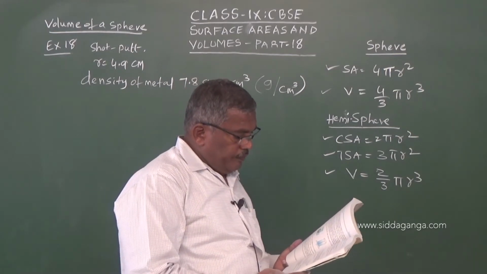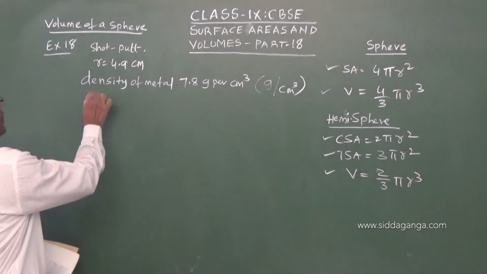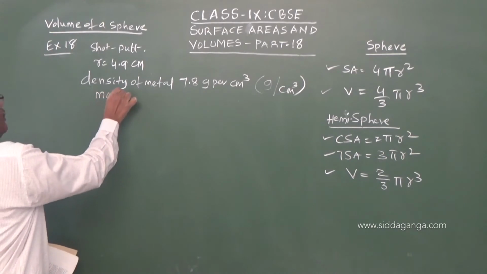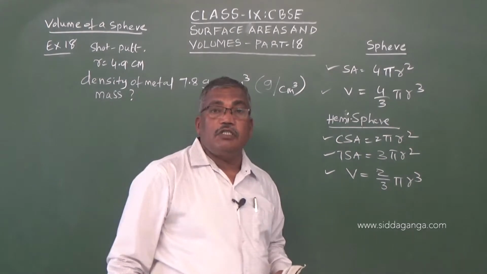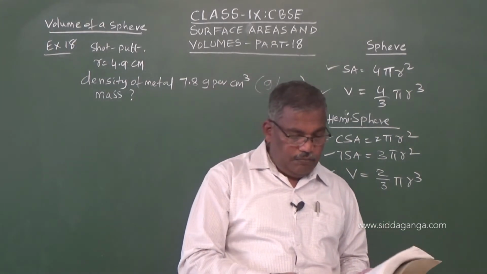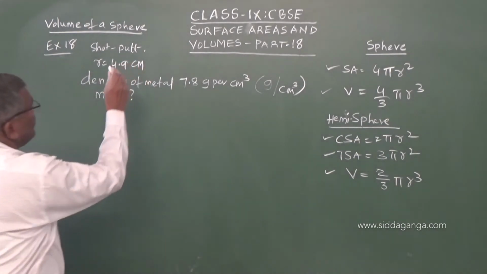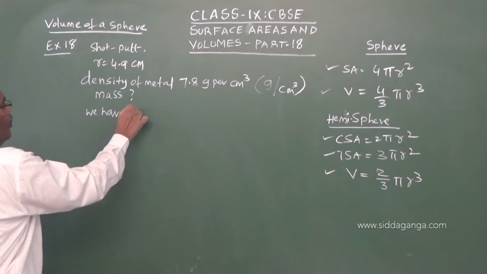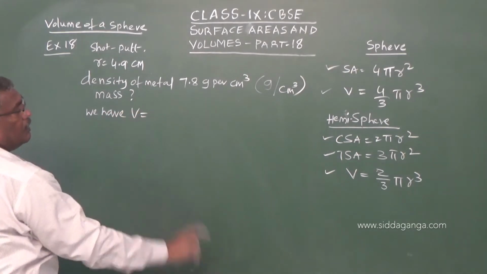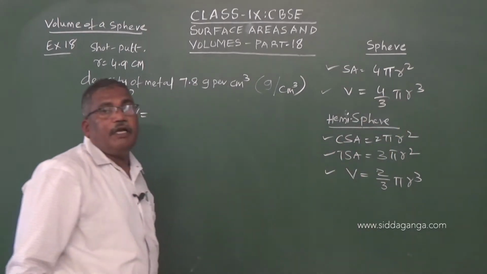So find the mass of the shot put. So mass they have asked. How much is the mass? To calculate the mass, first we have to calculate the volume. So volume is given by, radius is directly given. Volume is equal to, for the sphere, 4 by 3 pi r cube.